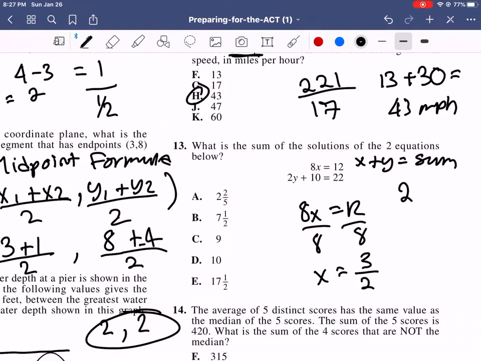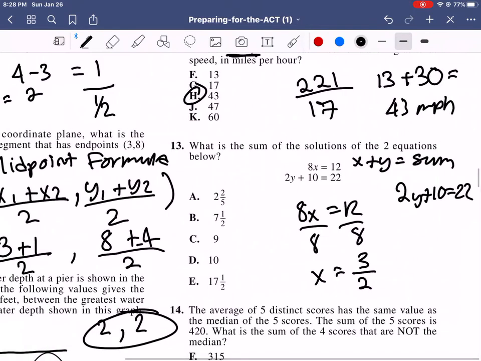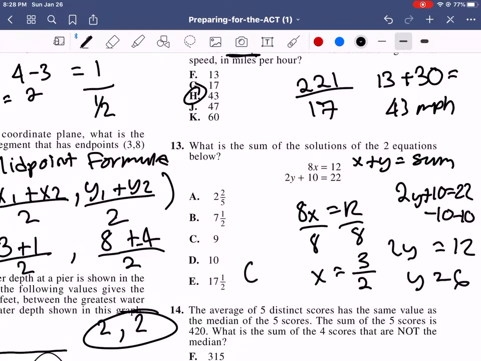And then 2y plus 10 equals 22. You subtract 10, 2 steps. 12 equals 2y. Y equals 6. 6 plus 3 over 2 equals 7 1/2. Because this becomes 1 and 1/2. 1 plus 6 equals 7. 7 1/2.